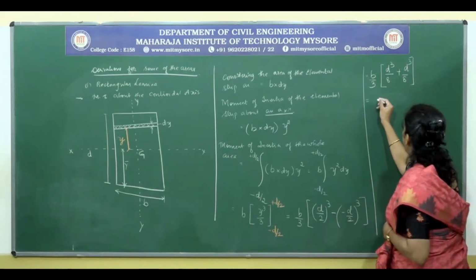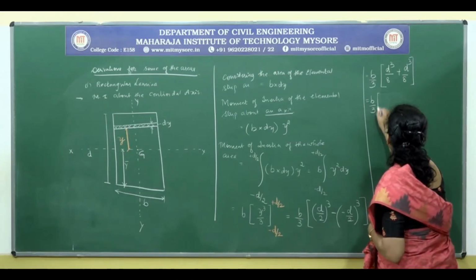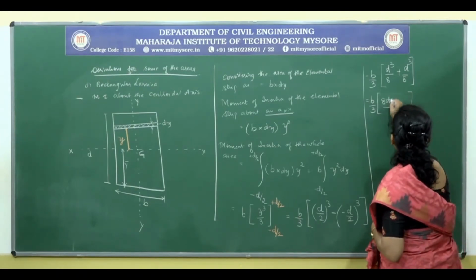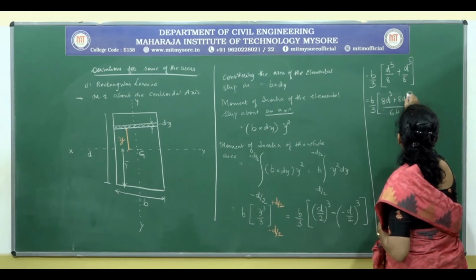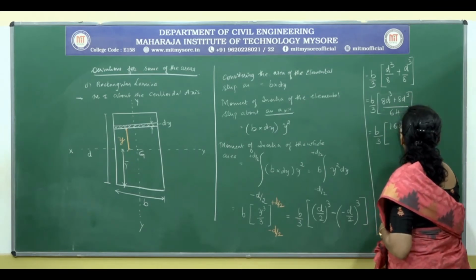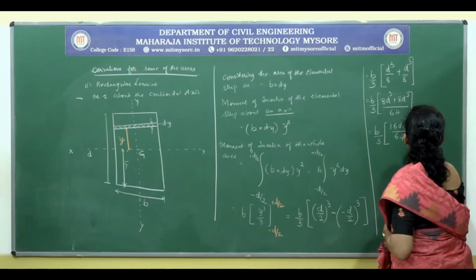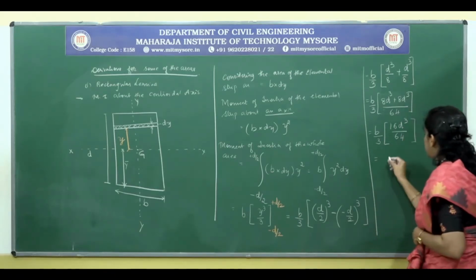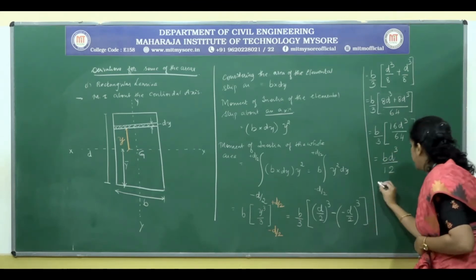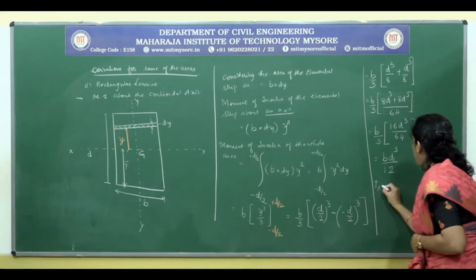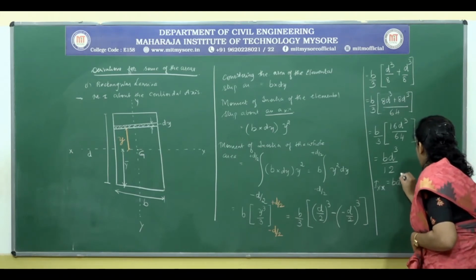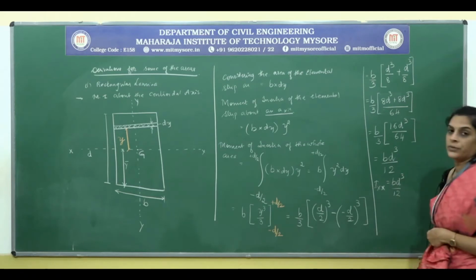Upon simplification we get 8 d cube plus 8 d cube, that is b by 3 into 16 d cube by 64. Upon further simplification, we get b d cube by 12. Therefore, the moment of inertia about the reference axis for a rectangular lamina is b d cube by 12.